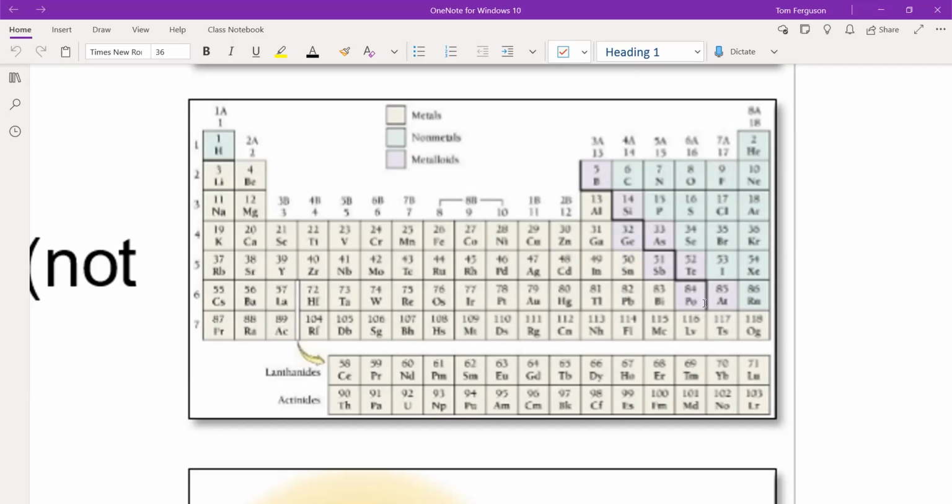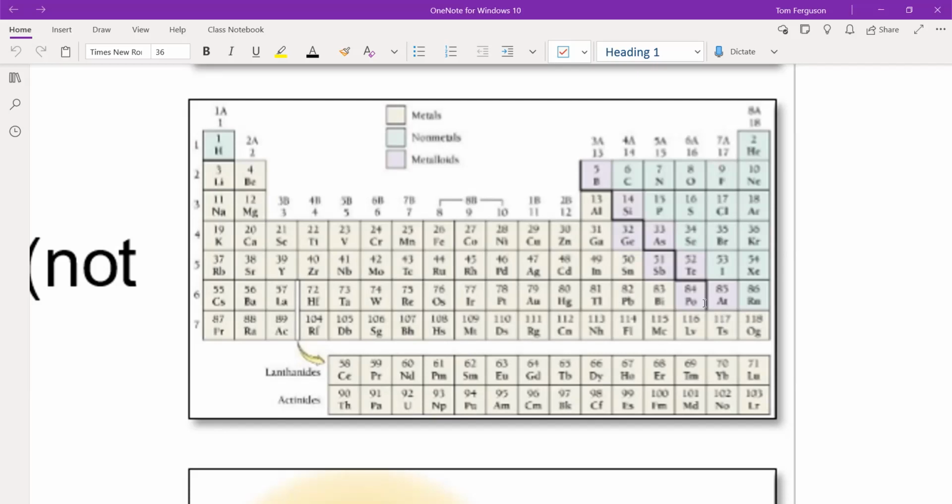The stability of anything in this universe is measured in something called a half-life. A half-life is the time it takes for the original mass to decrease by 50%. So if it decreases quickly, it's unstable. If it decreases extremely slowly, it's very stable.